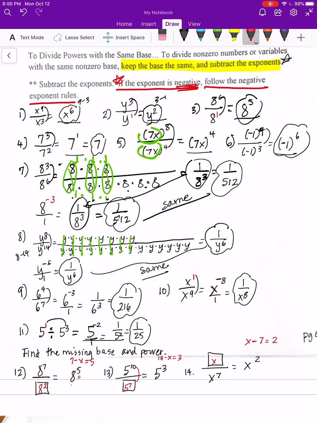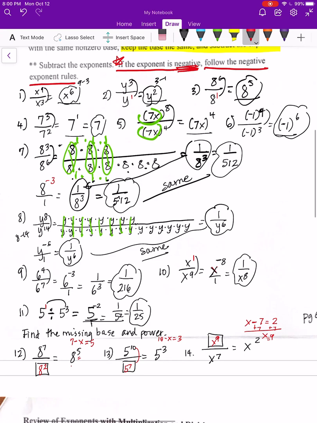Is 5 minus 7 equal to 2? It is not. So what minus 7 would give us 2? We could solve this little equation if you wanted to. What's 7 plus 2? It's 9, or you might just know that off the top of your head. x to the 9th divided by x to the 7th would give us x to the 2nd.